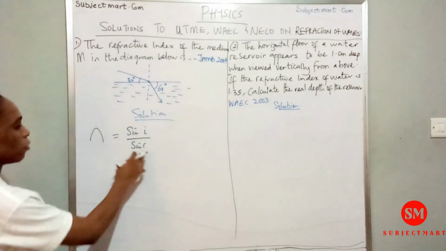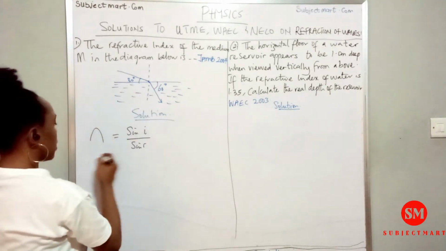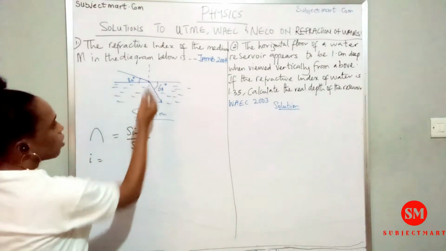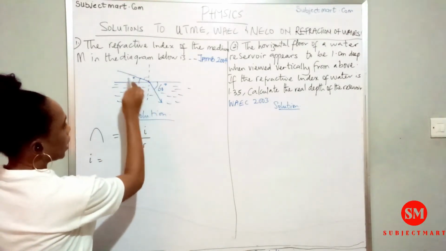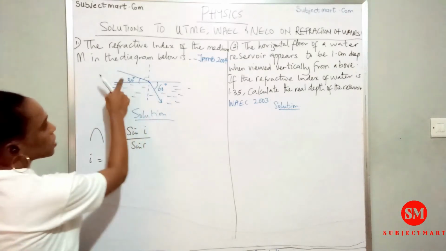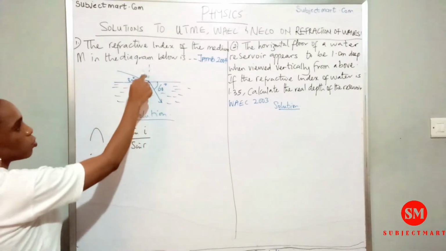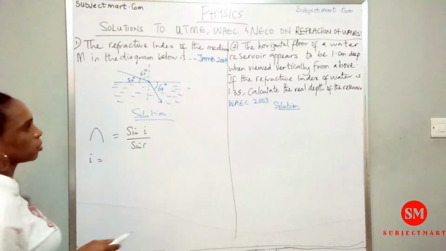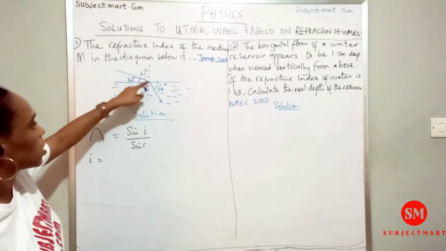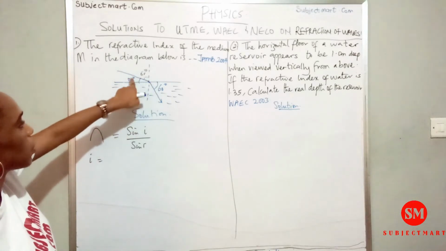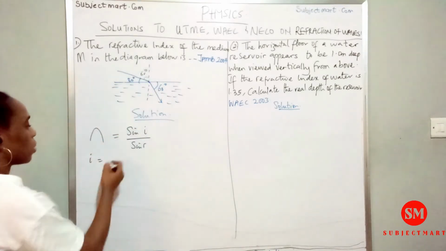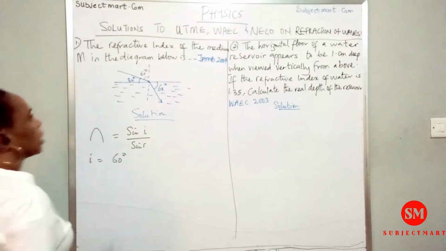Our i, the angle of incidence, is the angle between the normal and the incident ray. If this is 30, then this angle will be 60 degrees, since here is 90 degrees, perpendicular, and 60 plus 30 gives us 90. So our i is 60 degrees.